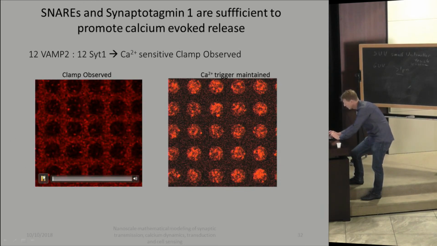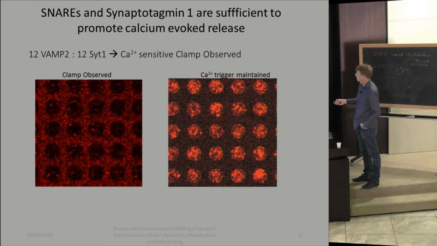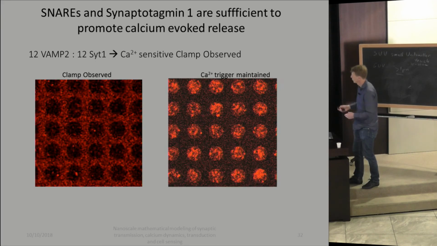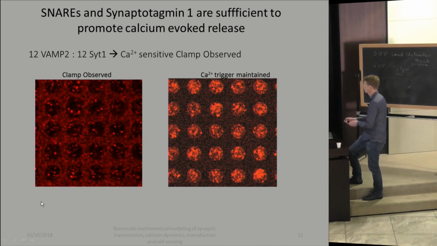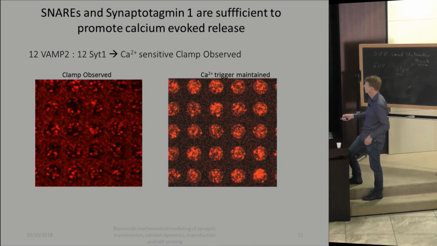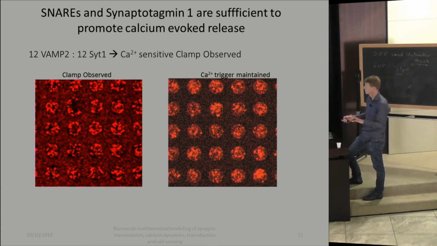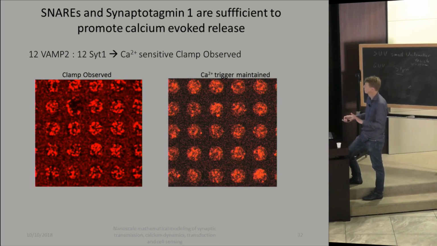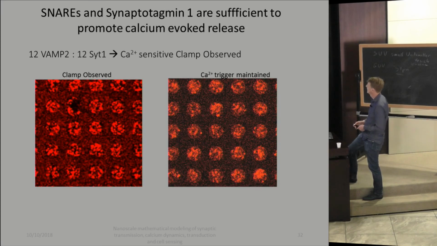The red dots, of course, are vesicles, and you see they tend to accumulate. So they are clamped. They don't fuse. Maybe some of them fuse, but we actually cannot see them because there are too many around them. Then you rinse.